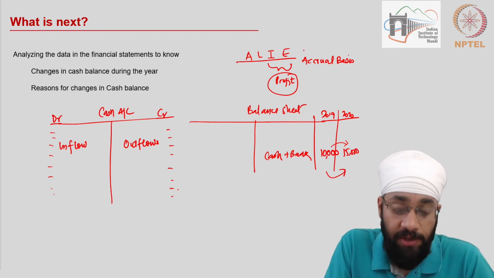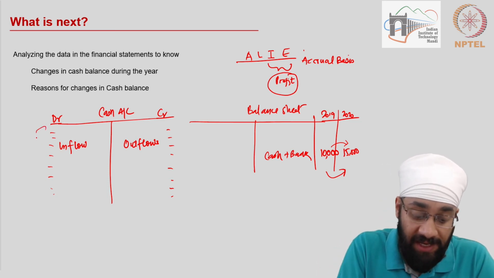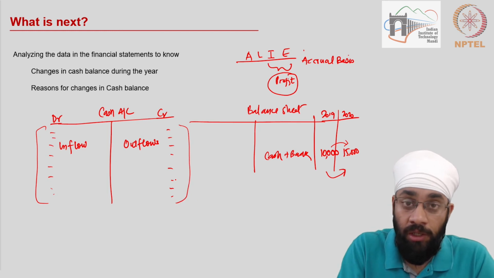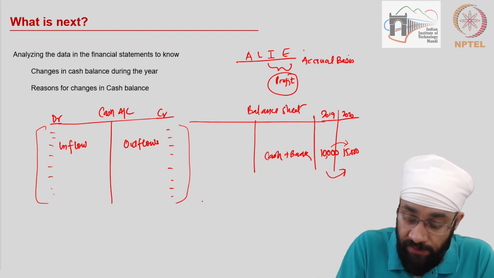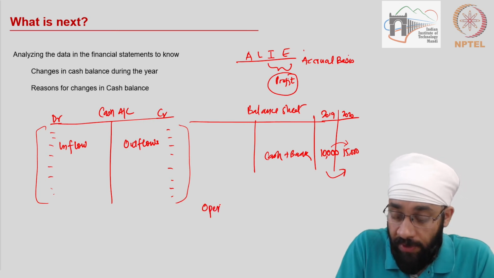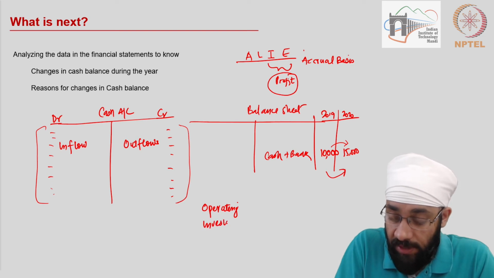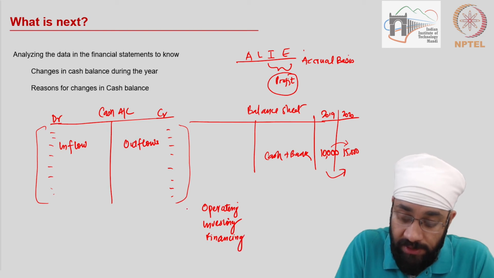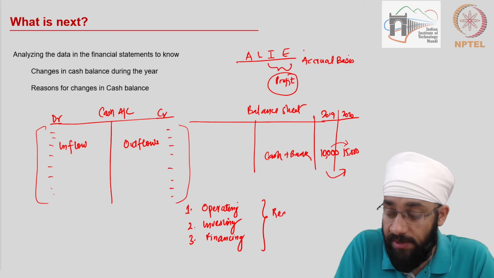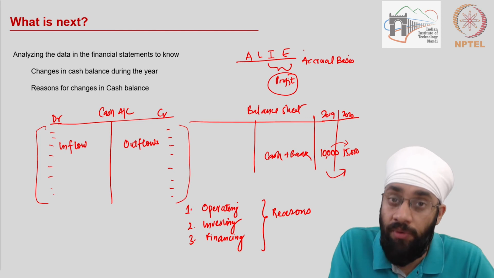What is really required, and what we do in this new technique of analysis, is we categorize the inflows and outflows into certain categories. So these categories are as follows. We have operating category, we have an investing category, and we have a financing category. What do I mean by these categories? These categories are basically the reasons due to which cash comes into the business or cash goes out of the business.